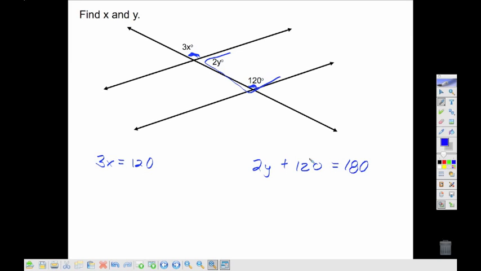They're supplementary. And so we can solve each of these equations to find x and y. Now it is important to note that these lines must be given to you as parallel before we know that these angles will be congruent or supplementary.